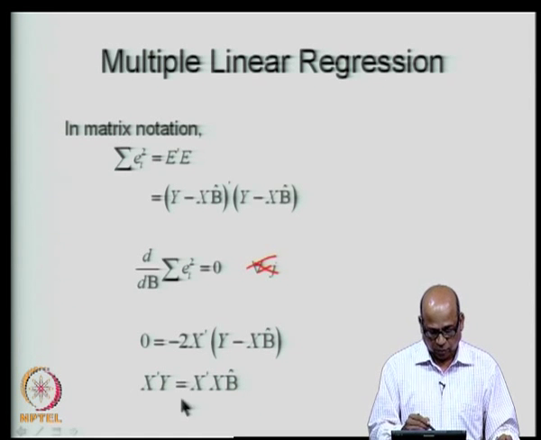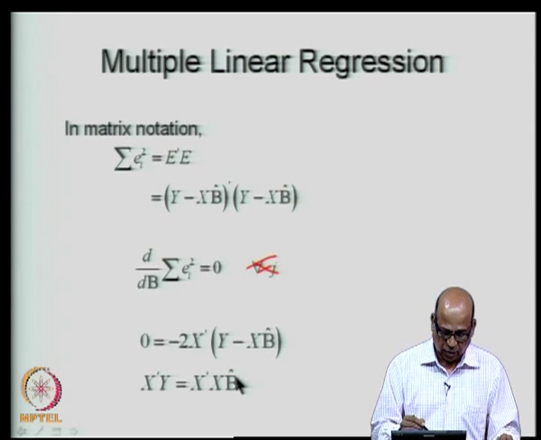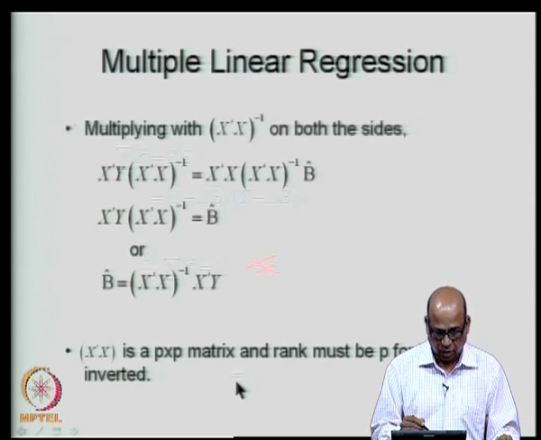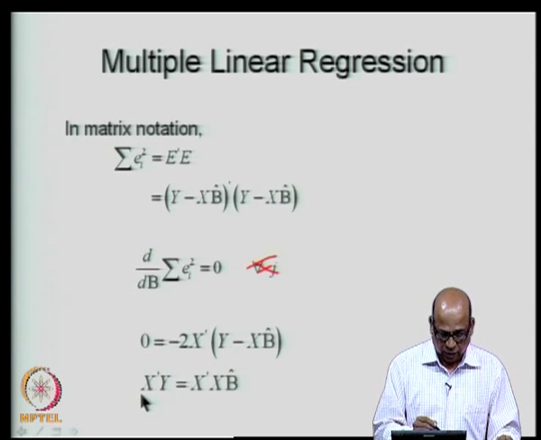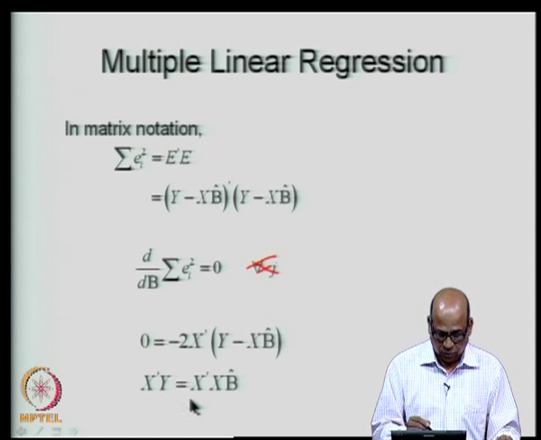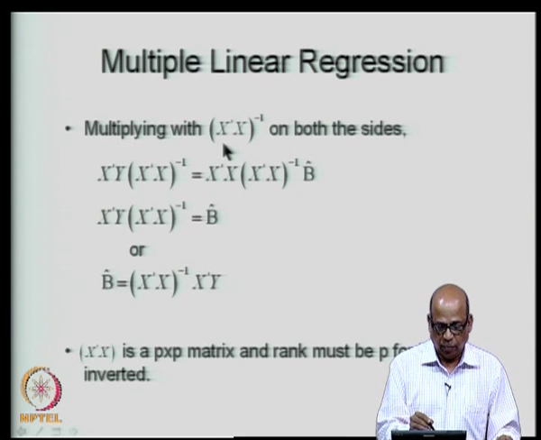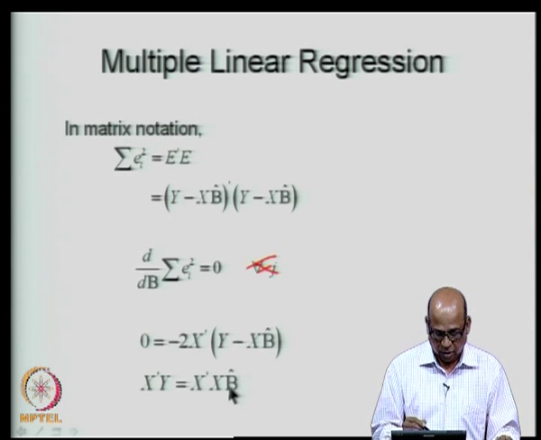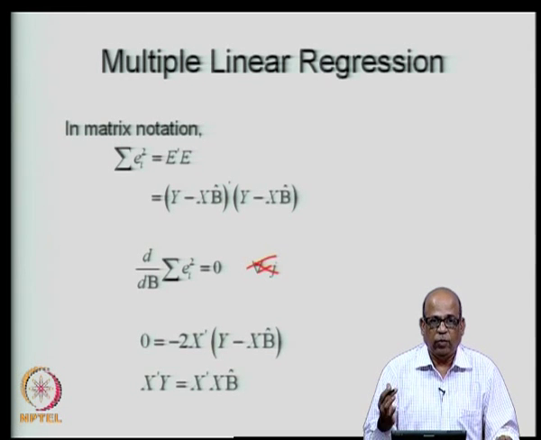Now, look at this expression: x dash y is equal to x dash x beta. We are interested in getting beta cap. So, from this I will write expressions for beta cap. To do that, we use this expression and bring it to a slightly more convenient form by multiplying with x dash x inverse on both sides. Why that? Because on this side I have x dash x, so I will make it 1 by taking the inverse of that and multiplying.